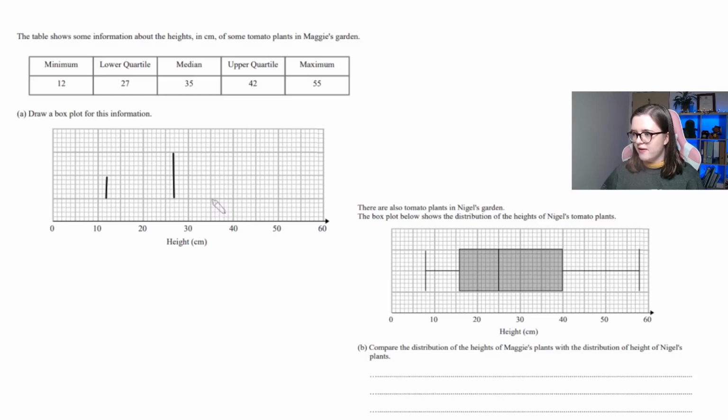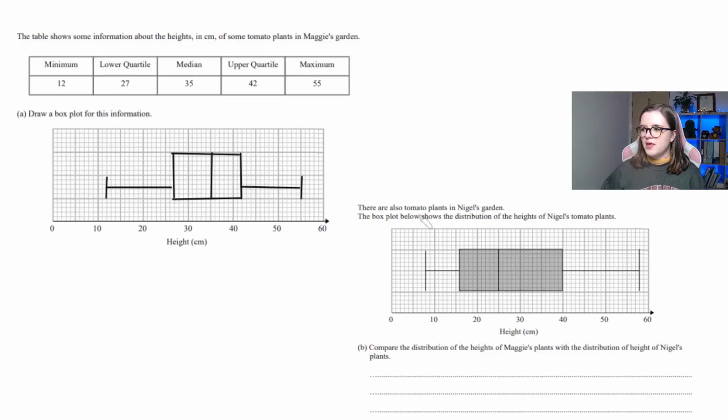Median is 35, which is here. Upper quartile is 42, which is here. And maximum is 55, which is here. Then connect all these up and draw your lines on. Easy peasy.